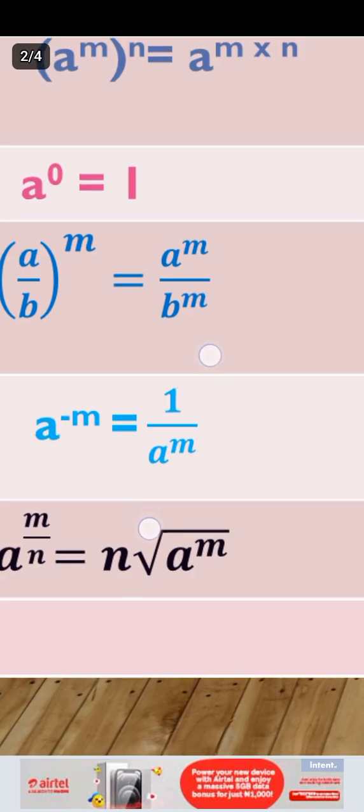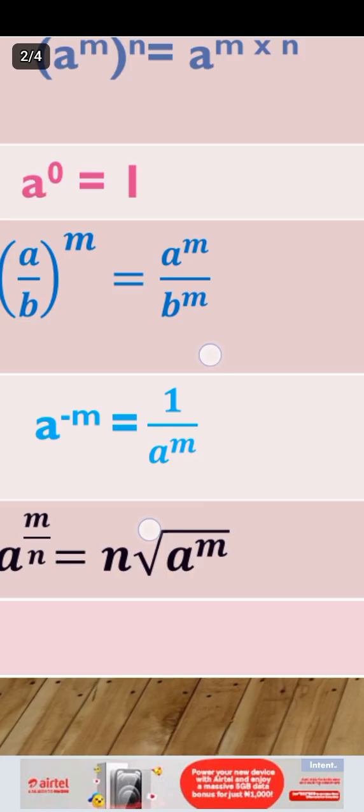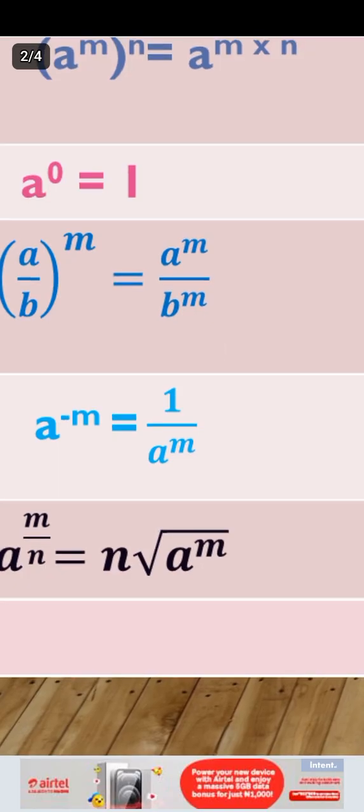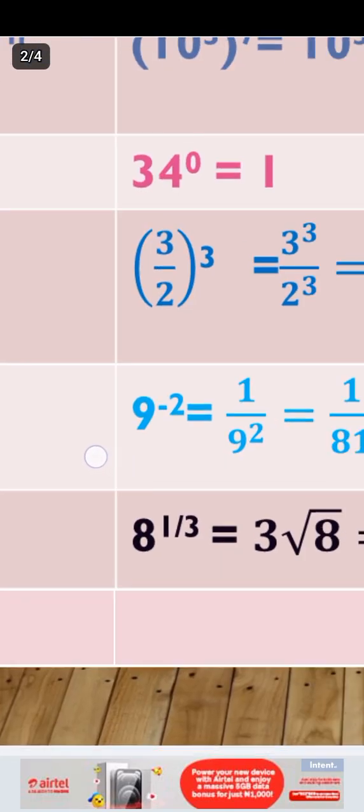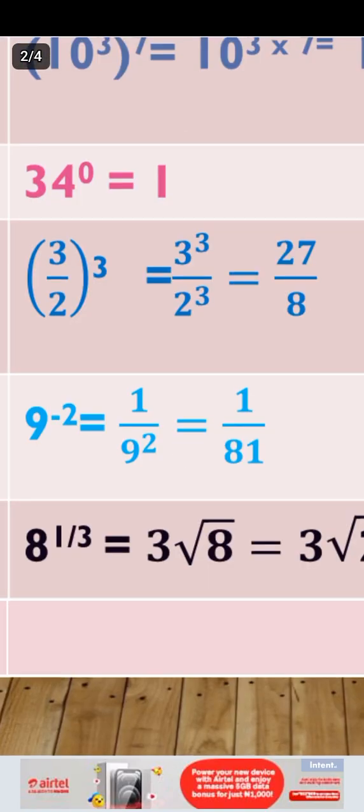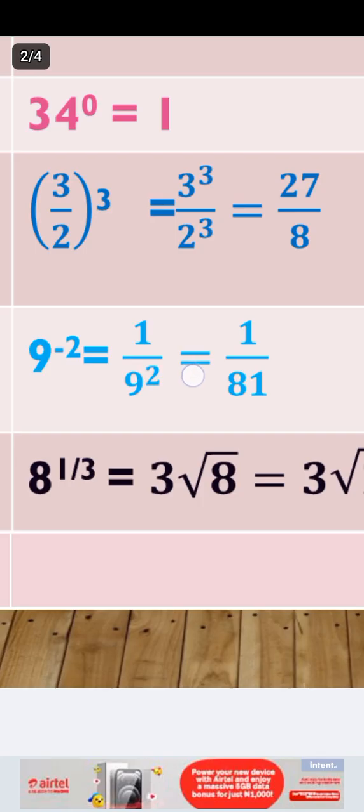For example, a raised to power minus m is the same thing as 1 over a raised to power m. That is, any number raised to a negative power is the reciprocal of that number. Example 1 here is 9 raised to power minus 2, which is the same thing as 1 over 9 raised to power 2, which is equal to 1 over 81.